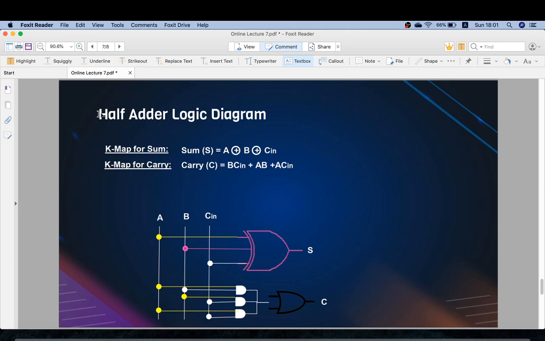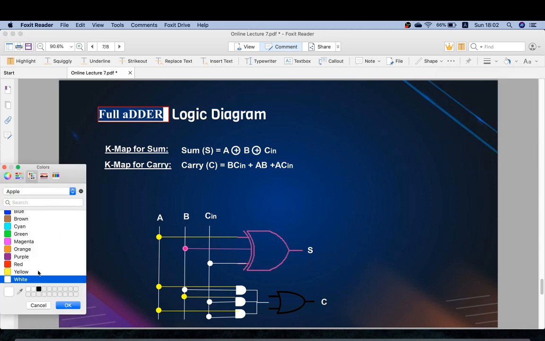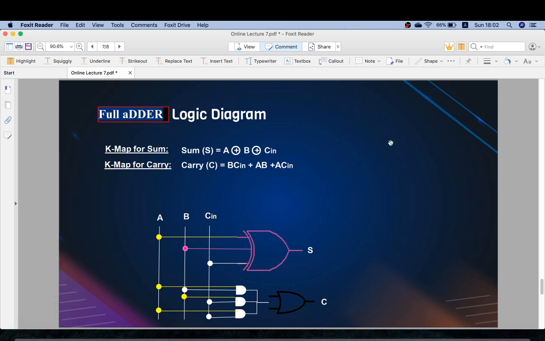So how will we make the full adder logic diagram?